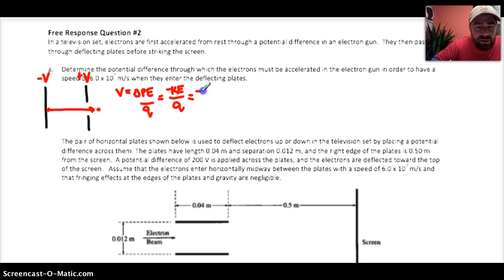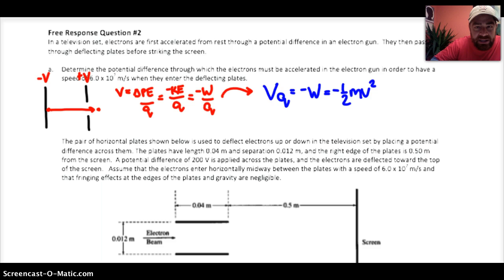Via the work-energy theorem, that's negative work per unit charge, and the work done is equal to the change in kinetic energy. So I'm going to multiply both sides by q, and I get the voltage times the charge is equal to negative work, which is equal to negative kinetic energy, which would be 1/2 mv squared. This is the form that I like.